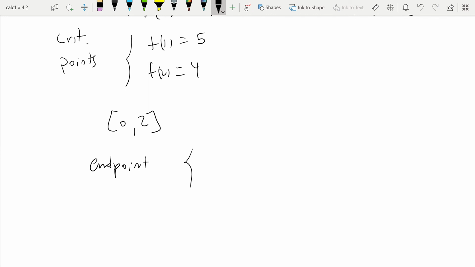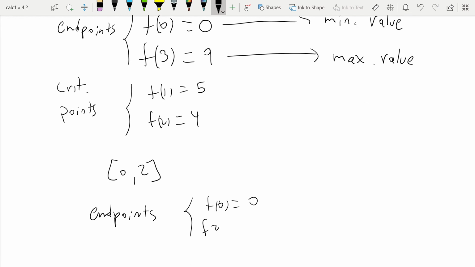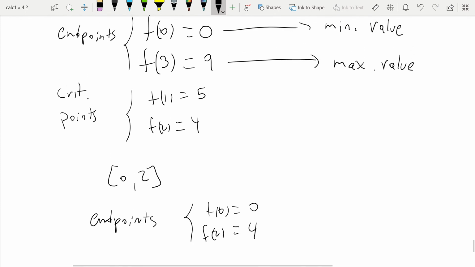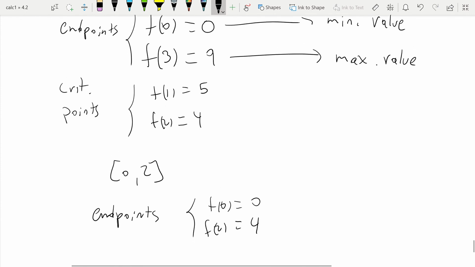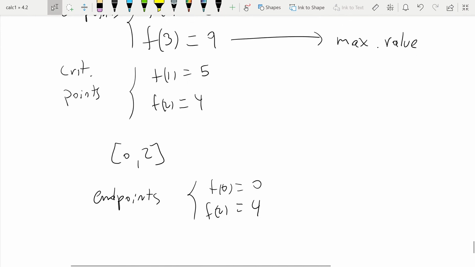So these are endpoints. f at 0, which we already computed, is 0, and f at 2 is equal to 4. 3 is no longer an endpoint. It doesn't belong to the interval [0, 2]. So this is what happens in [0, 2].